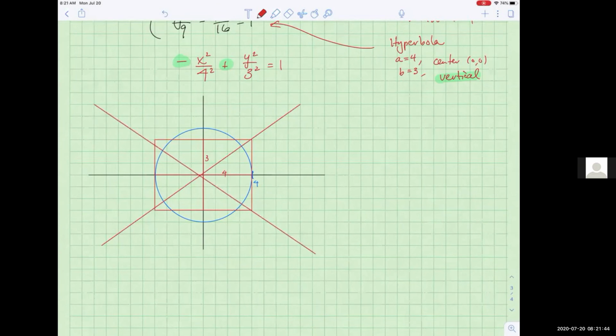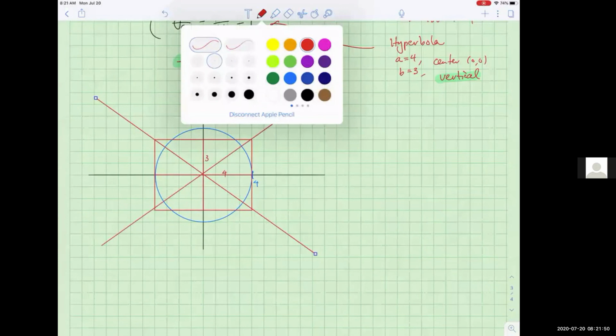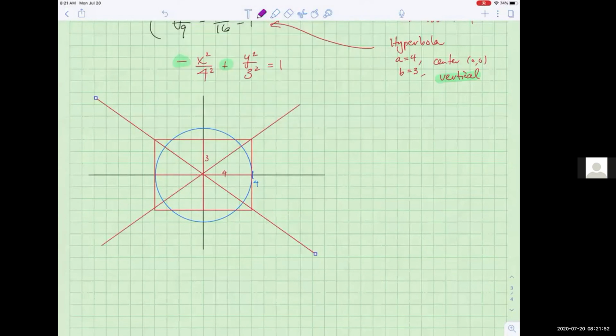Okay, hold on a second. There we go. But this time, because it opens vertically, the vertices of the hyperbola are above and below the center, and it will hug those asymptotes like this.